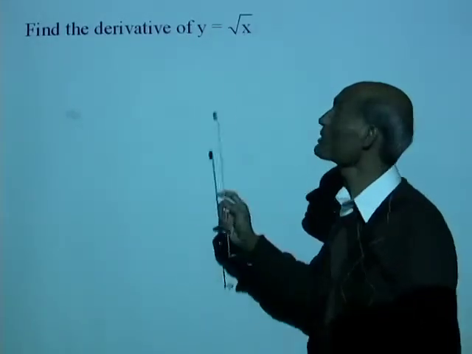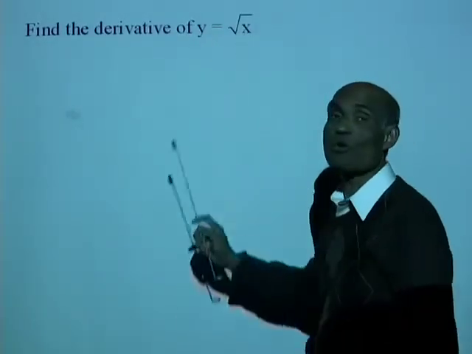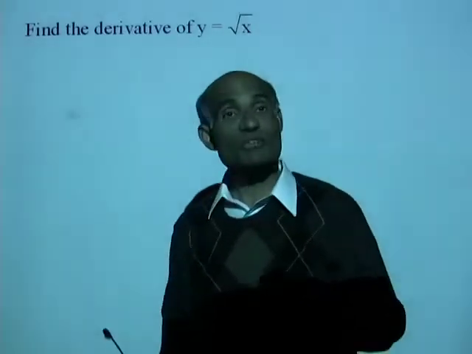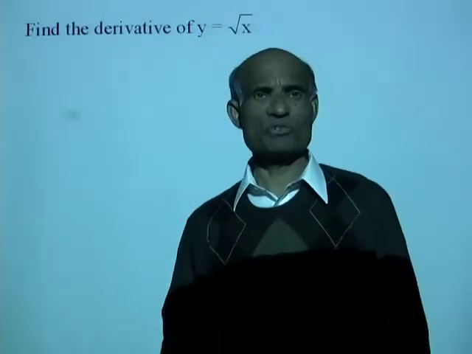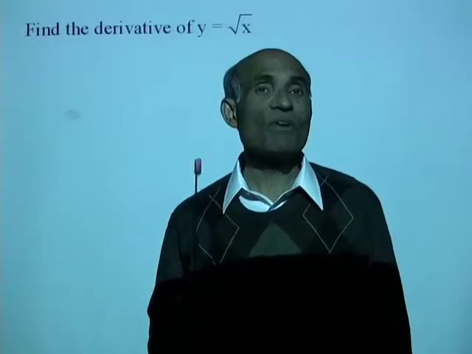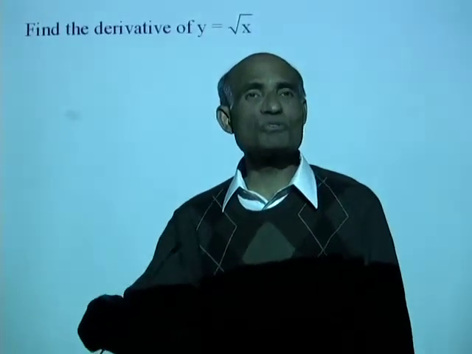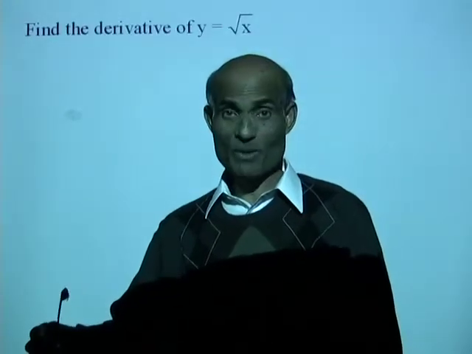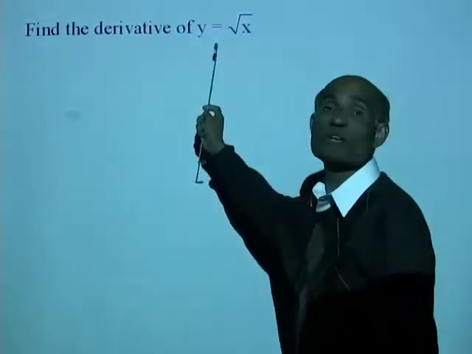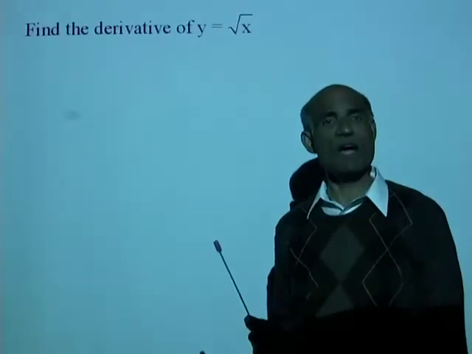Let us now find the derivative of y equal to square root of x. We actually did that in lesson 2, is that right? We found the derivative of square root x as 1 over 2 square root of x. Do you remember that one? Okay, we can use the power rule to do this. How?